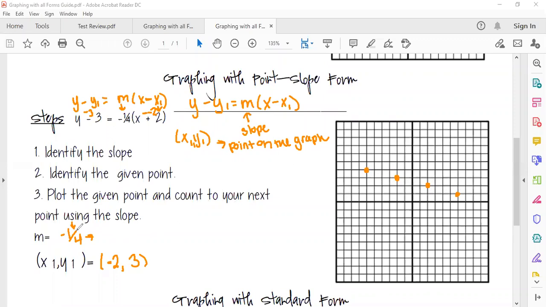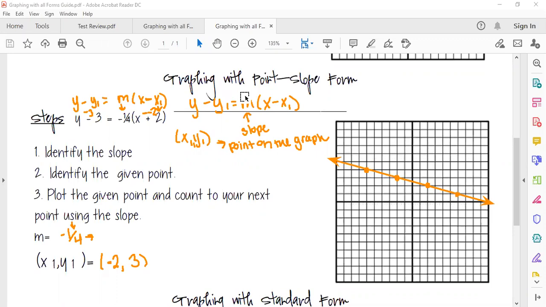The big thing to notice here is that my slope is negative, therefore my line should be decreasing. This line is decreasing from left to right. And that is the graph of this line.